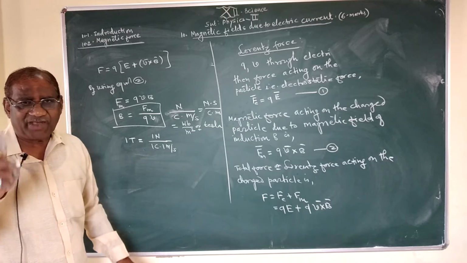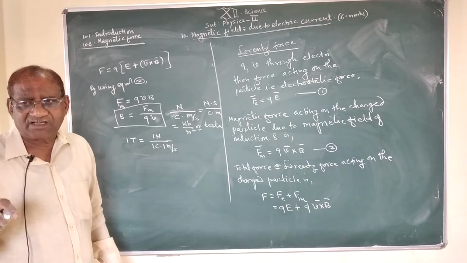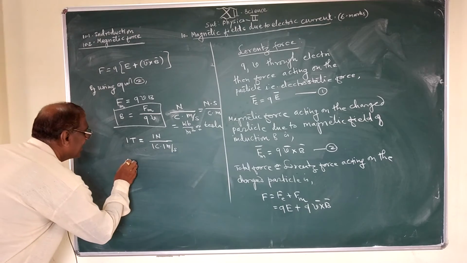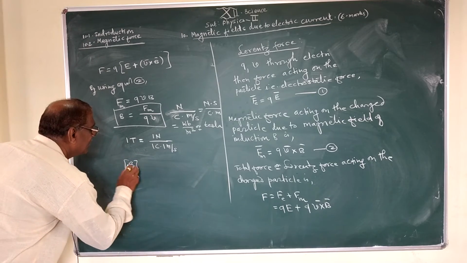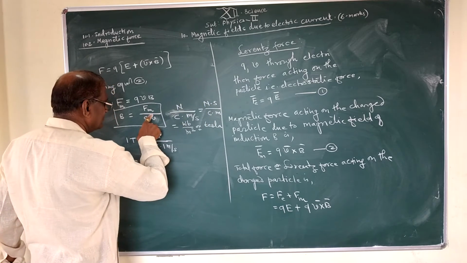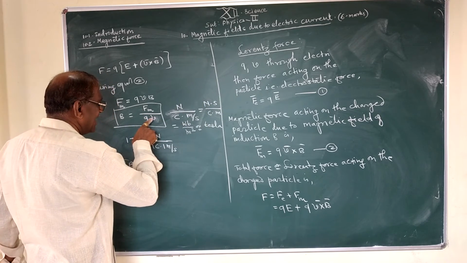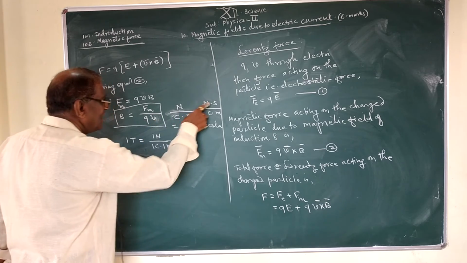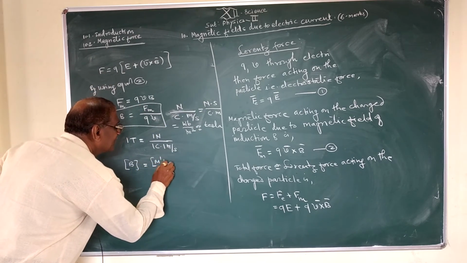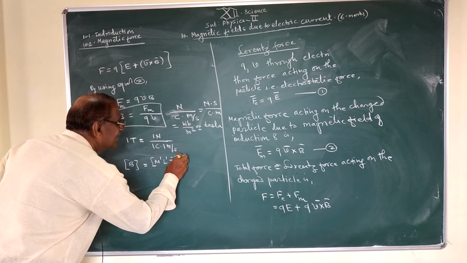Now, you may be asked to find the dimension of magnetic induction B. Therefore, the dimension of B is equal to the dimension of force upon the dimension of charge and velocity. Dimension of force is M1 L1 T minus 2.